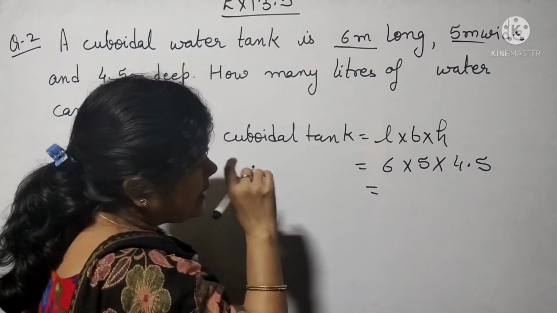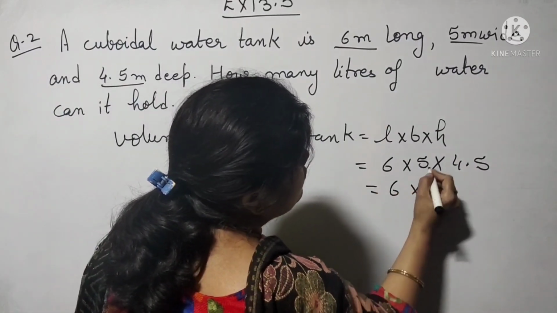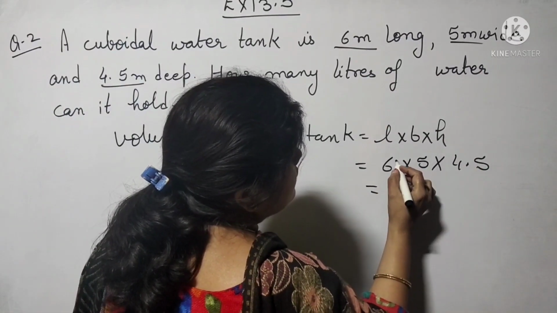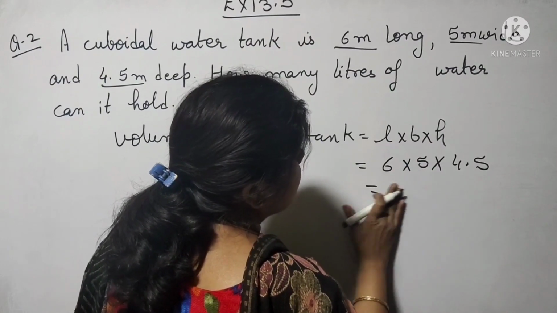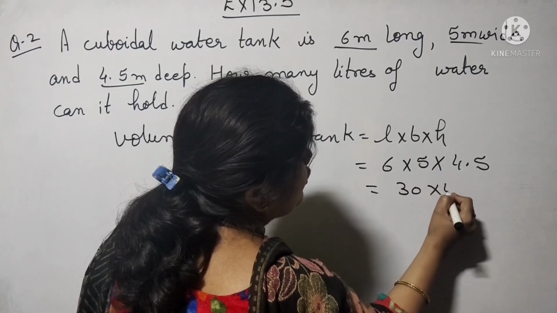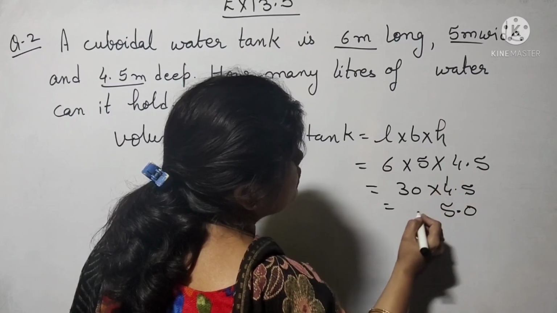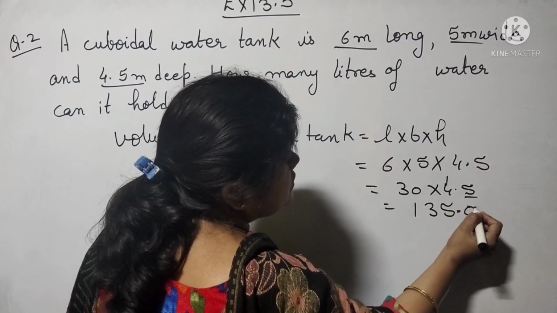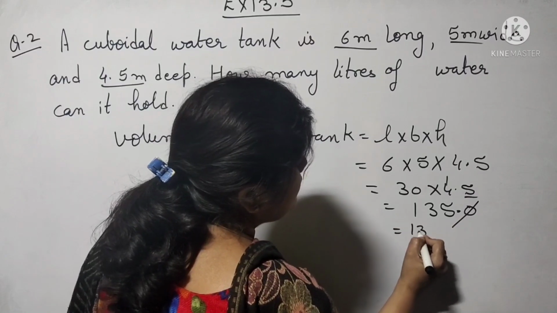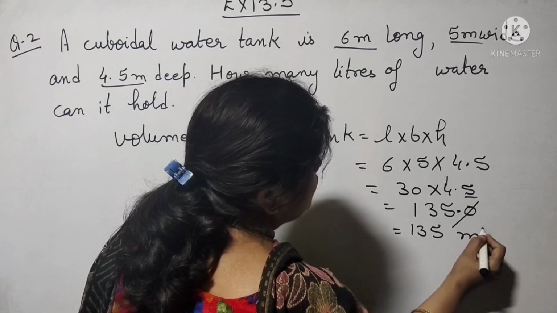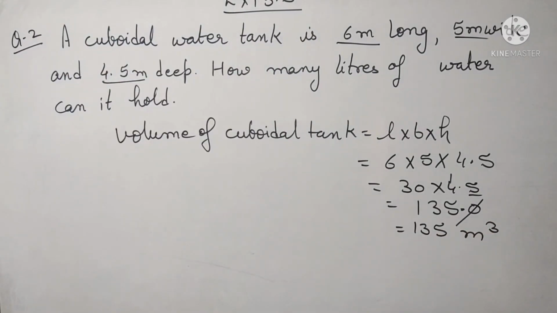So when we multiply, firstly 6 times 5 is 30, into 4.5. The decimal gets cancelled, and we get 135 meter cube.